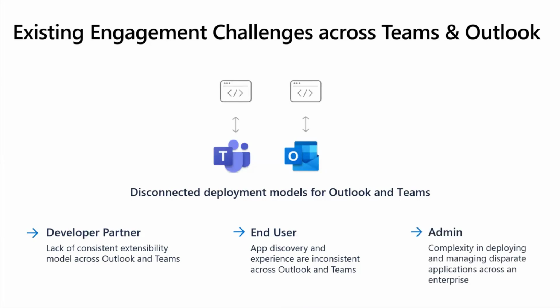And for an IT admin, this implied complexity in deploying and managing disparate applications across an enterprise because they had to manage multiple layers of applications due to the inconsistent action model. And we thought, why not give it a shot to unify these experiences across Teams and Outlook and come up with a universal action model.